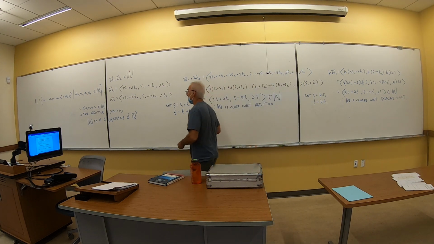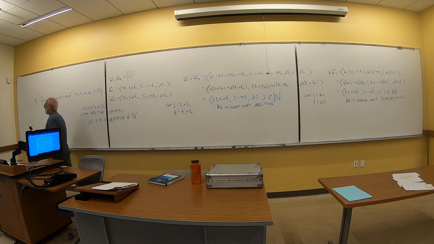So here's the thing. I would like to know the additive identity of P3. The best way to say this one is actually as follows. The additive identity is 0 plus 0x plus 0x squared plus 0x cubed.